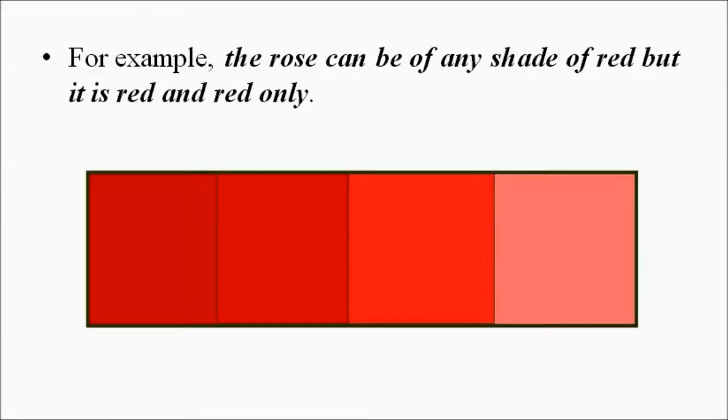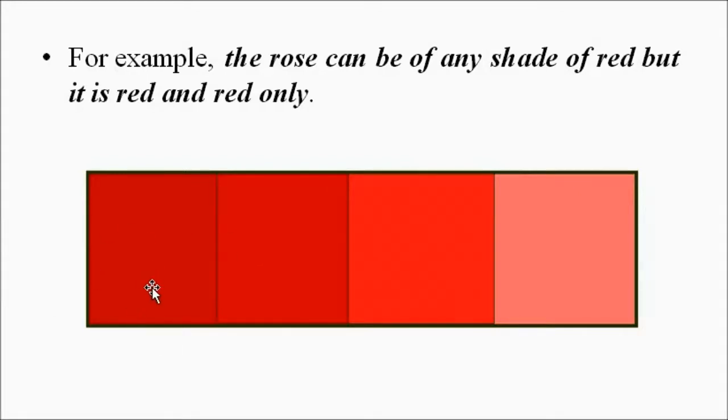So for example, as I said, the rose can be of any shade of red. From here, let's say it is deep red, and as we move from left to right, it becomes a little bit lighter in color. Each shade is a little bit lighter than the previous shade. Similarly, we can say for leaves, as we move from left to right, it will start to fade in its color, becoming more and more light.